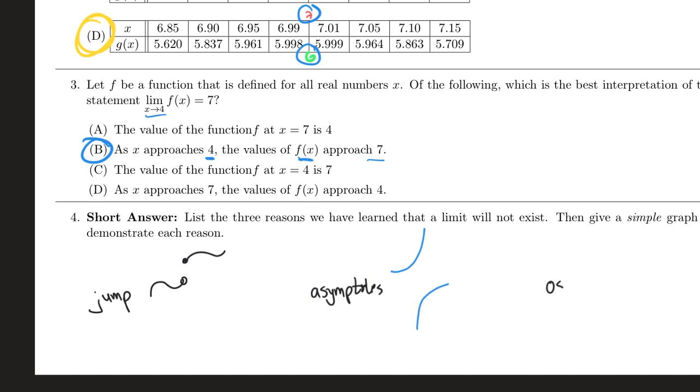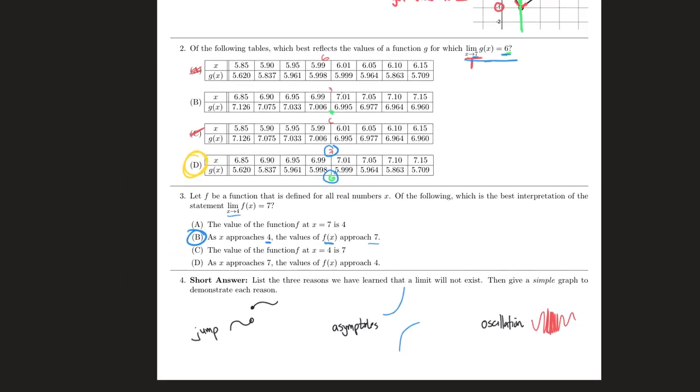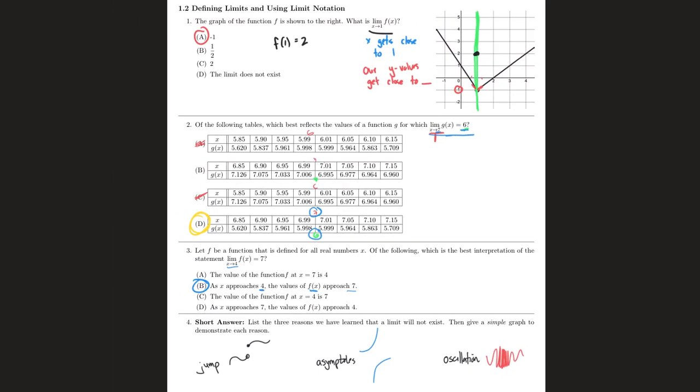And then we have oscillation, which I never know if I'm spelling right, but basically this is where we have this graph that hits basically every value in a small area rather than just a single value. All right, so those are our ways that a limit won't exist. All right, so that's our first learning objective, which is all about what this limit notation means.